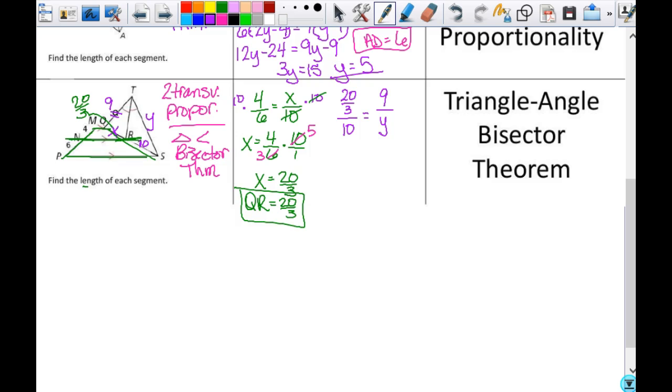Piece over piece equals side over side. Everybody with me? Understand where everything came from? We have a fraction and a fraction. Do we need to like freak out? No, because it doesn't even matter. So when I cross multiply, I get 20/3 times y equals 9 times 10. So 20 over 3 times y equals 90.